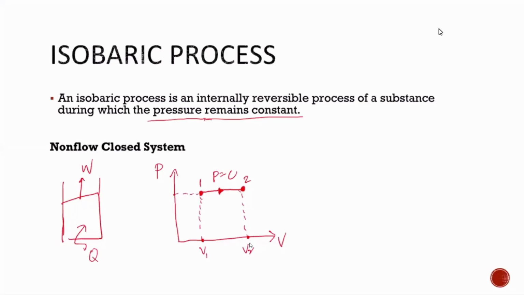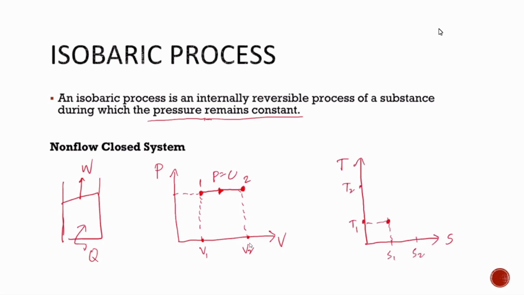Okay. And then sa TS diagram, ano naman ang itsura niya sa TS diagram? Okay, for the TS diagram, so let's say we have this T1 and we have this T2. Okay, the change in entropy or the entropy. Okay, so let's have this S1 and S2. Medyo kahawig lang din siya nung una.